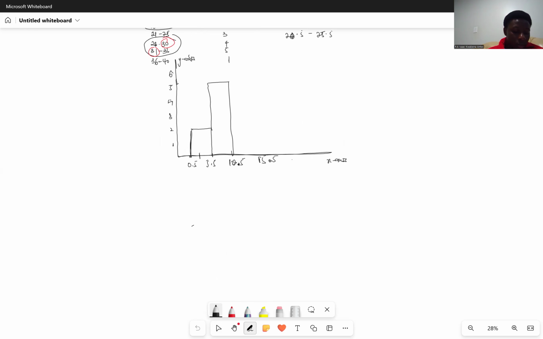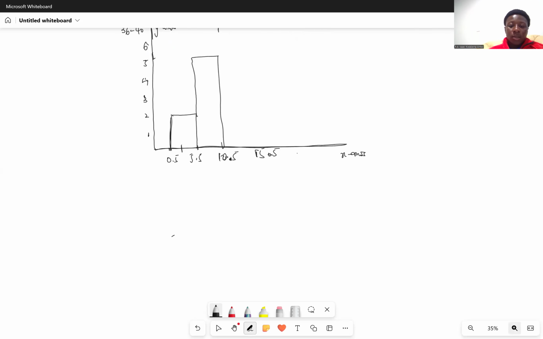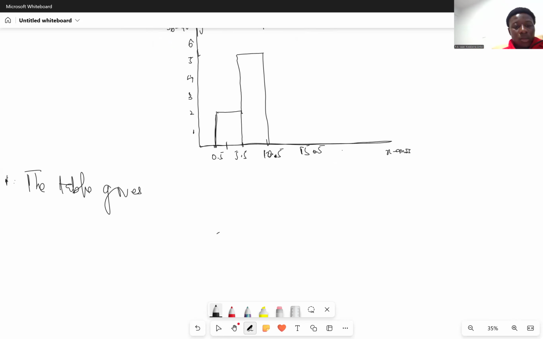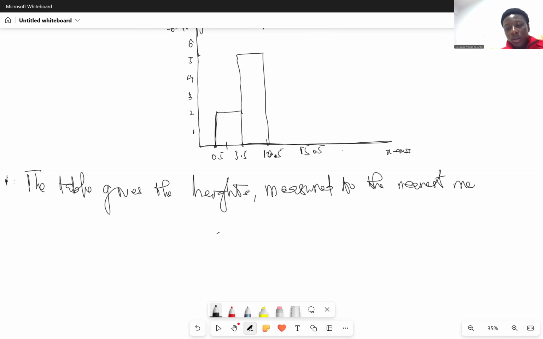So let's all write. The table gives the height, measured to the nearest meter, of 300 trees.